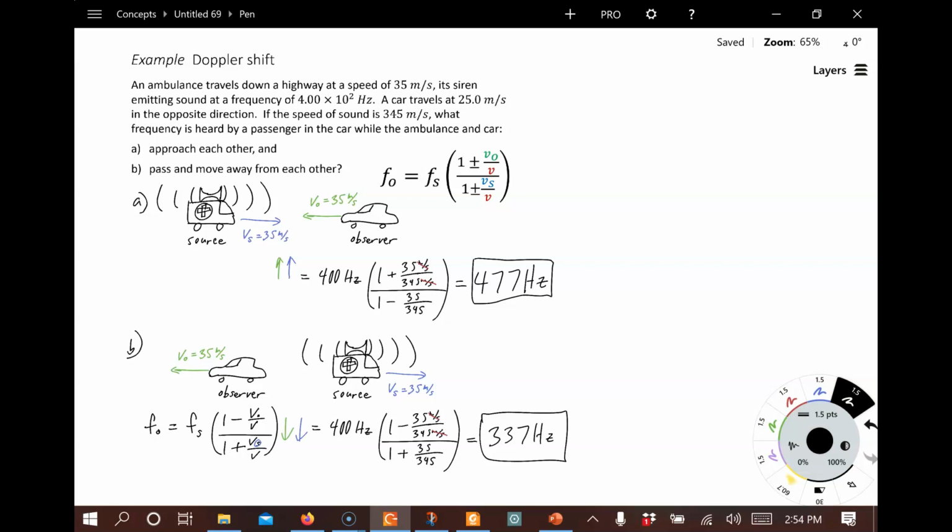It's moving towards, it's approaching the ambulance, but the ambulance running away from the observer is moving away, receding from it. And so in that case, you'd have one contribution to increase the frequency, one contribution to decrease the frequency. And whichever one would win would be the one, basically the party that's going the fastest.